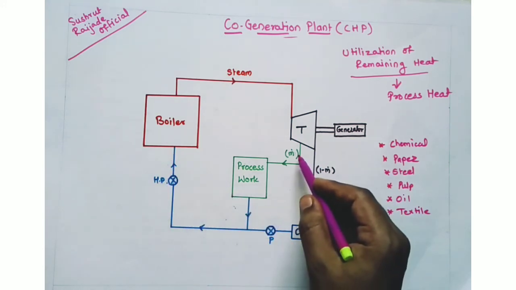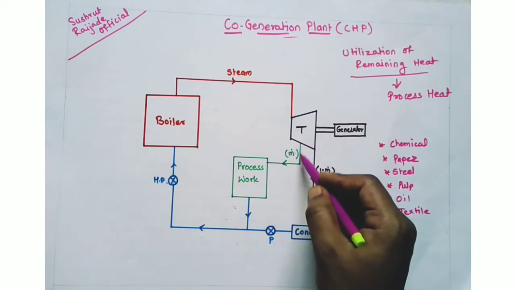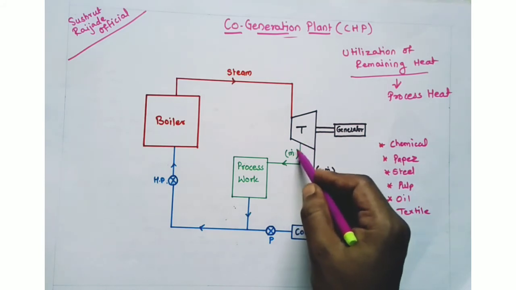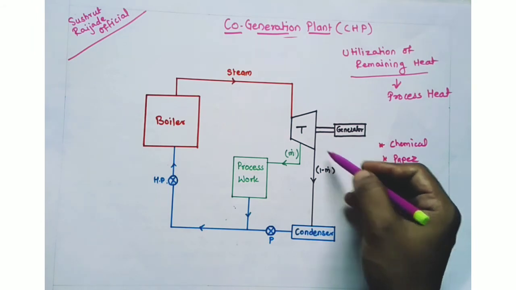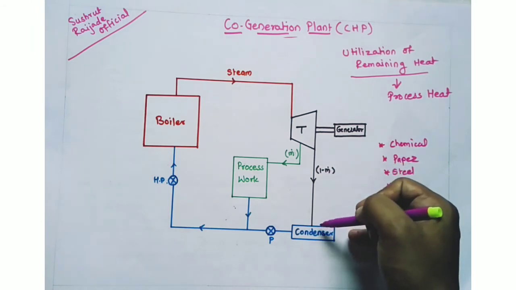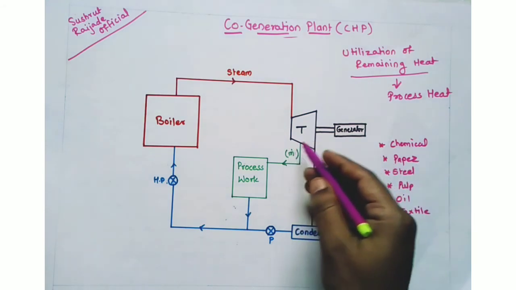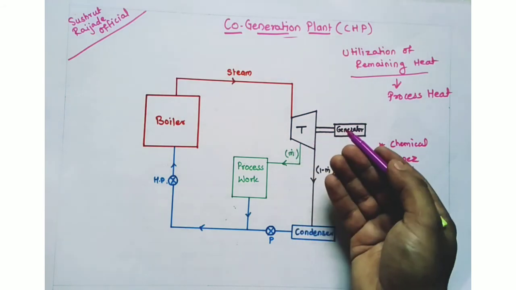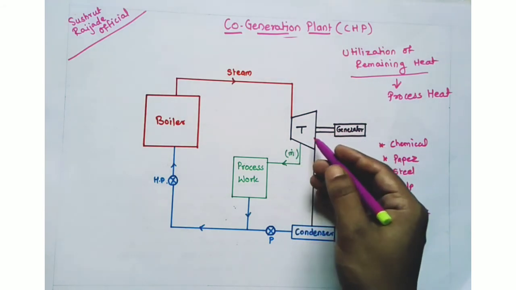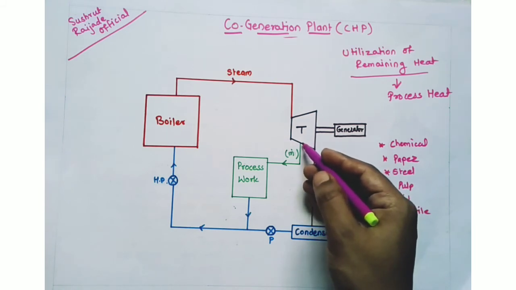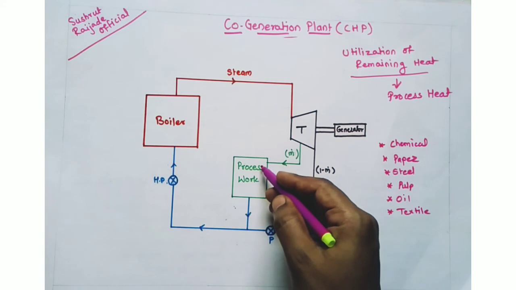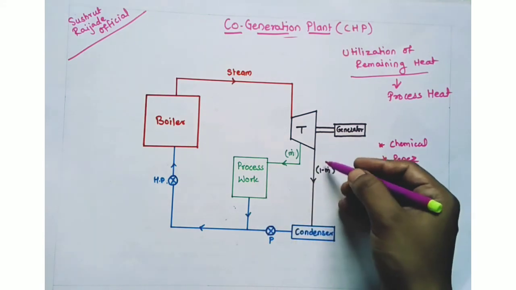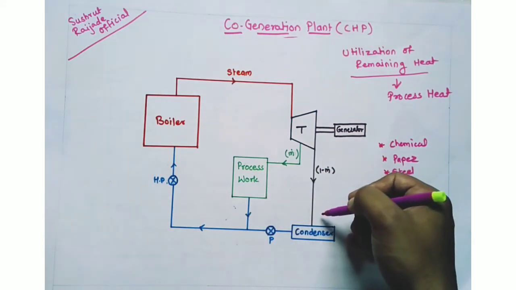Here you can see we extract the steam at m dot, and the remaining steam, 1 minus m dot, passes toward the condenser. That means some amount of steam extracted from the turbine is provided to the process work, and the remaining is provided to the condenser.